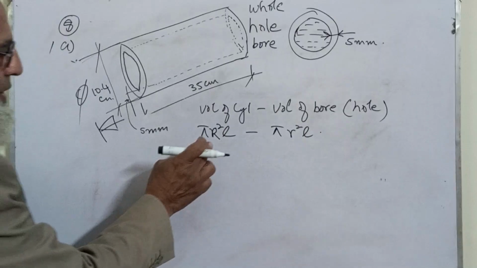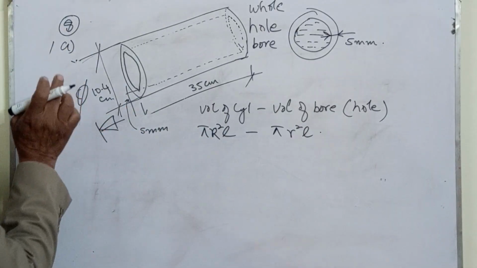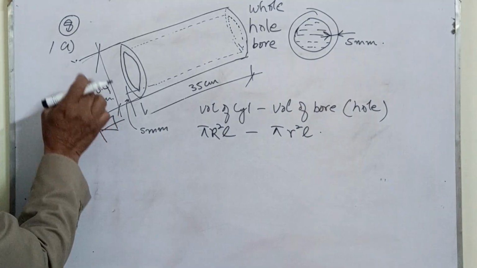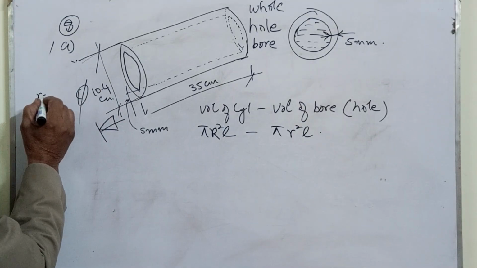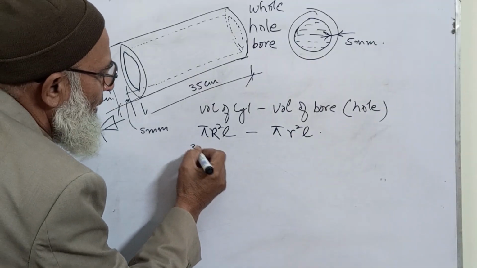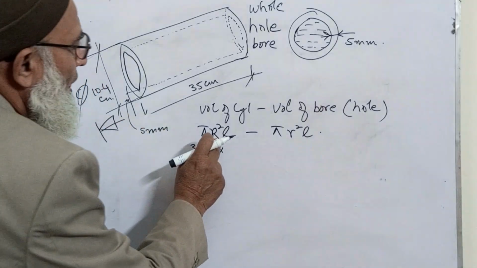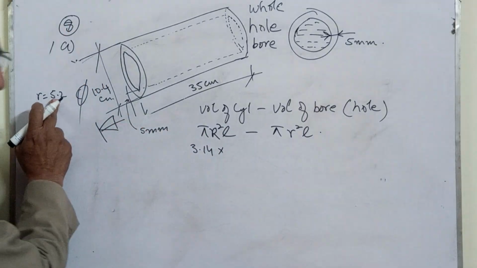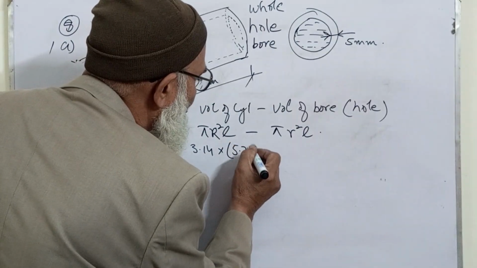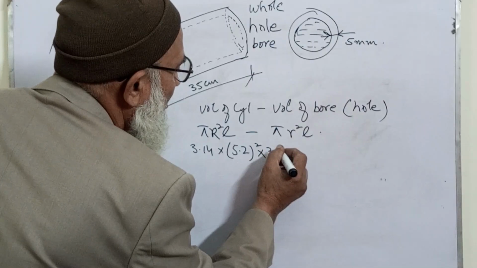The diameter is 10.4, so the radius is 5.2. It becomes 3.14 multiplied by 5.2 the whole square multiplied by 35.